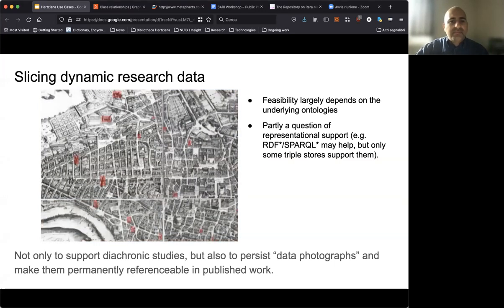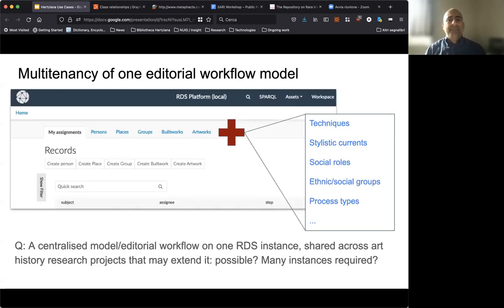And then finally, like I said, we're trying to build an art history system here. And it also means that the model has to be a little more complex than working with the standard issue entities of cultural heritage.